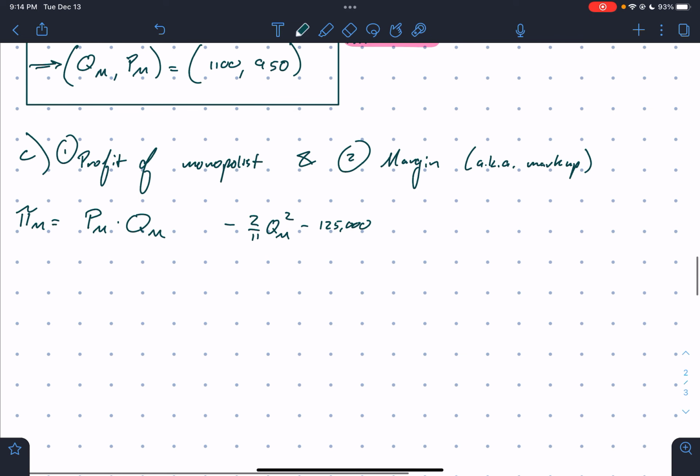Okay, so the profit of the monopolist is price times quantity minus the cost. So this is going to be 950 times 1100 minus 2 over 11 times 1100 squared minus 125,000. Now this is a big number.